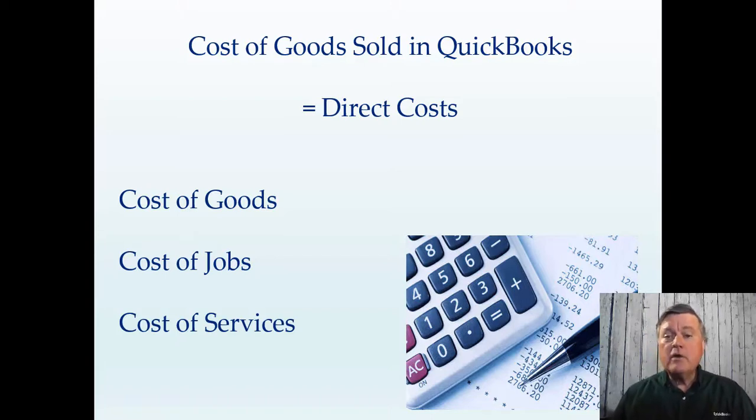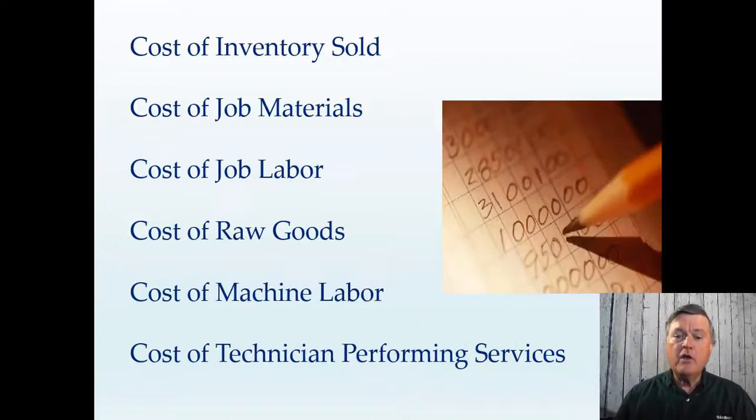If I'm a contractor, I have cost of my jobs. If I provide some kind of service, the cost of providing that service is then a direct cost. So cost of job materials and cost of job labor would be the two big ones.